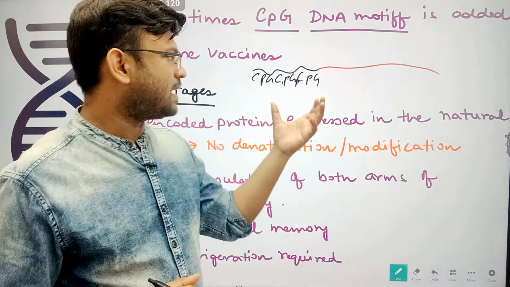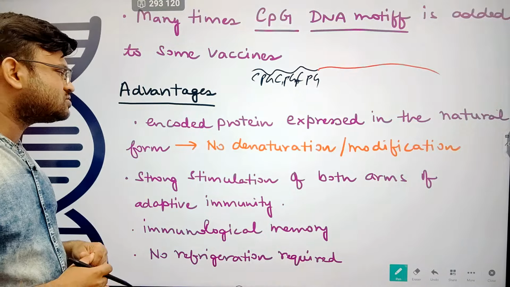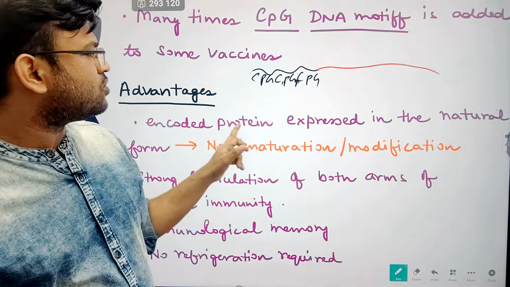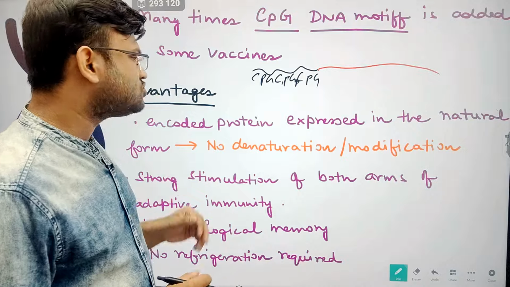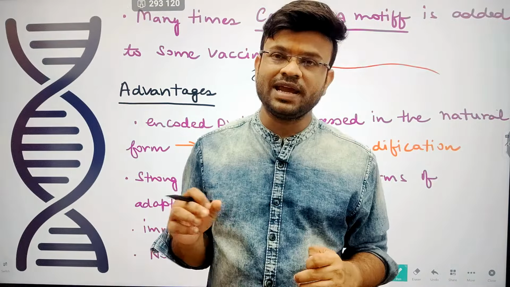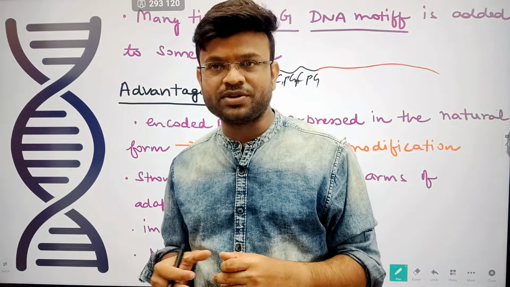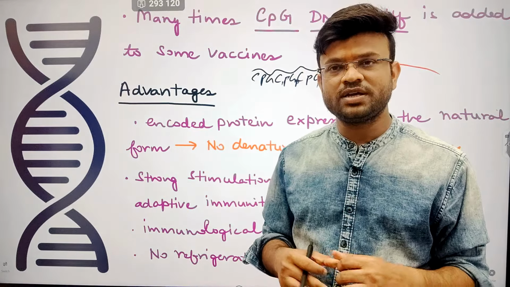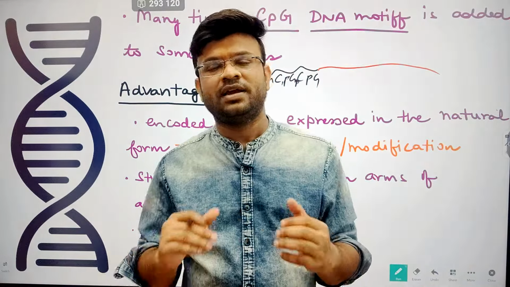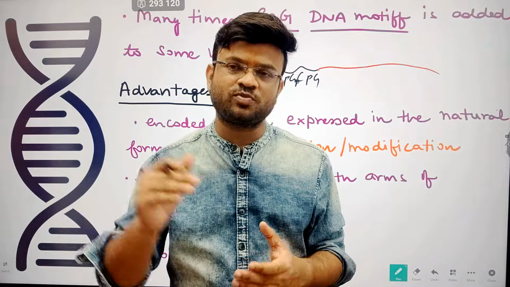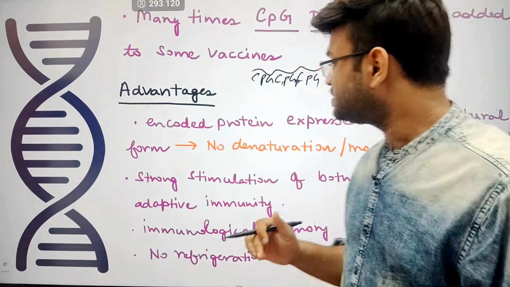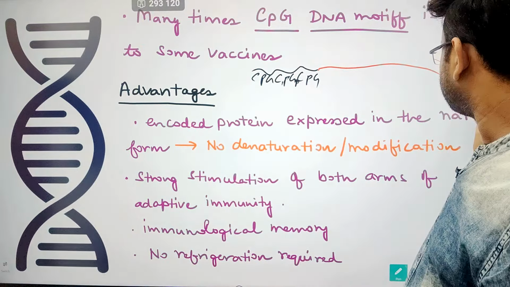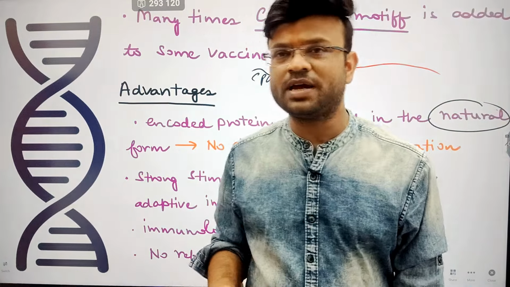Now, what are the advantages of a DNA vaccine? Encoded protein expressed in the natural form. Now you are not creating any kind of manipulation inside the DNA. What you are doing is directly using that DNA that will be responsible for coding those proteins. So the proteins that will be synthesized over here would be in completely natural form. What do you mean by natural form?